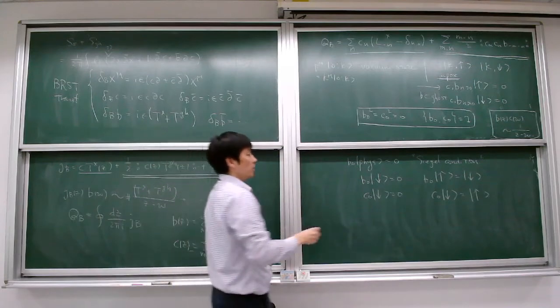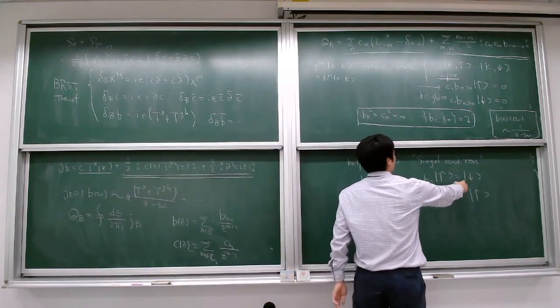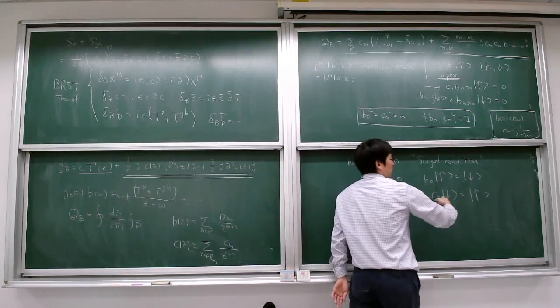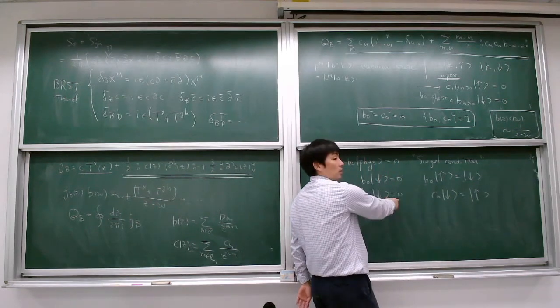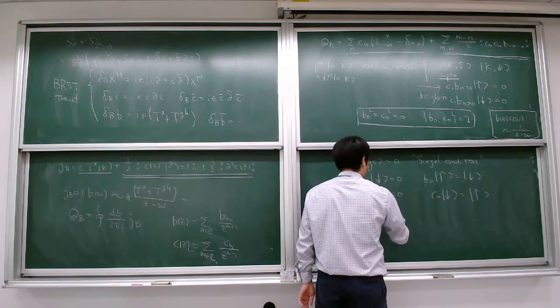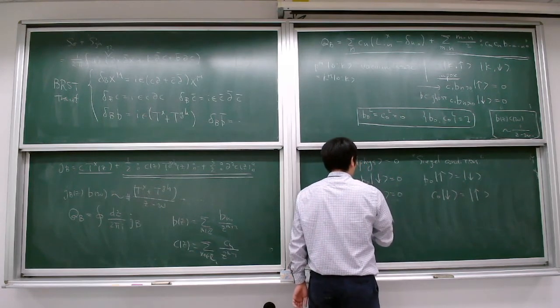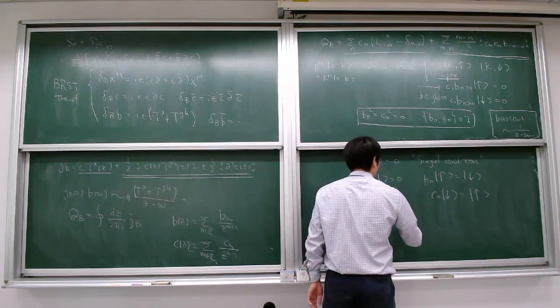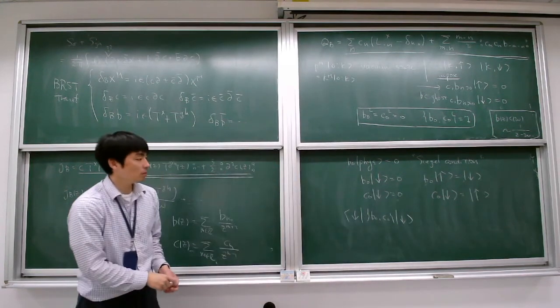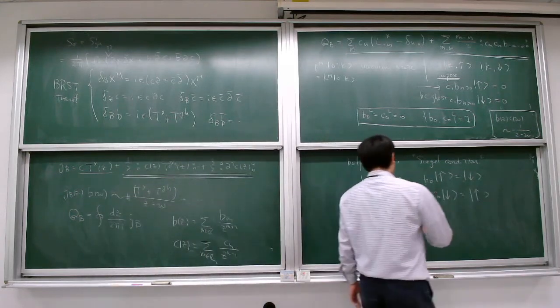As you can easily see, once you act B0 twice, you get 0. As you act C0 twice, you get 0. And once you act B0, for instance, and C0, you should get 1. Shall we take a look at it?